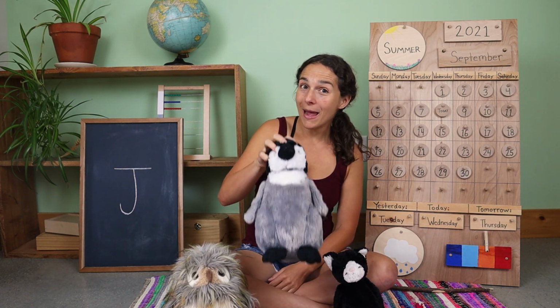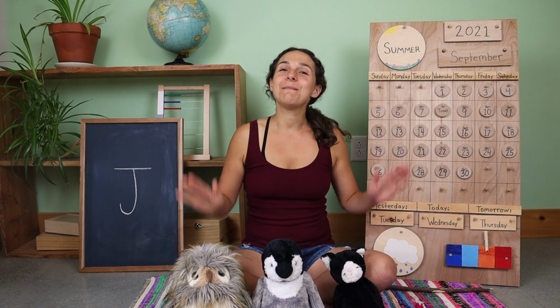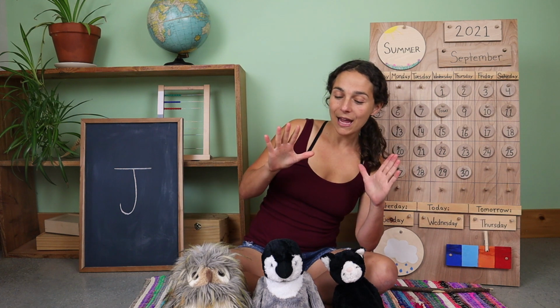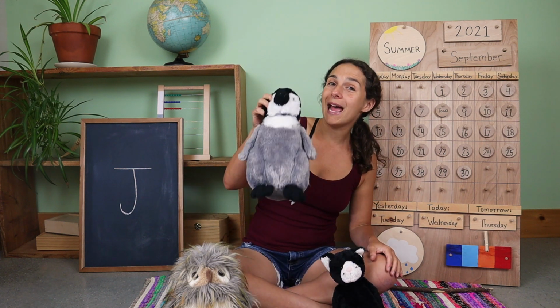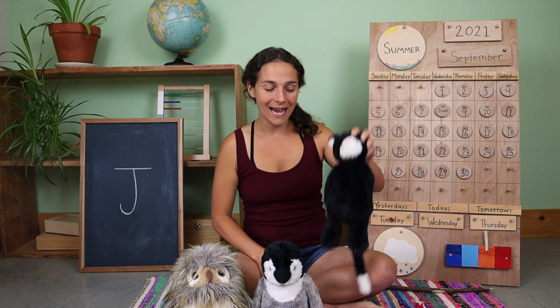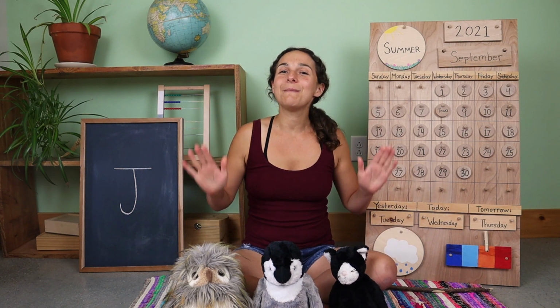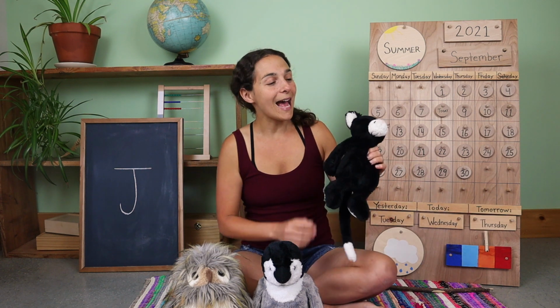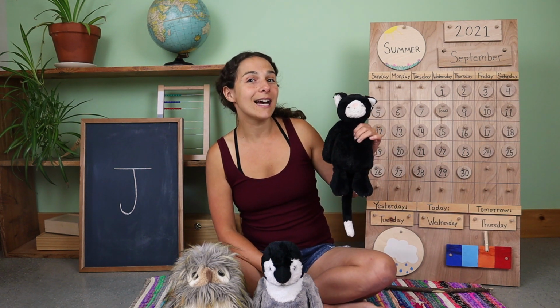Next we have Penguin. Hickety-pickety bumblebee, can you say your name for me? Penguin, penguin, penguin. And last one is Cat. Hickety-pickety bumblebee, can you say your name for me? Cat, cat, cat.